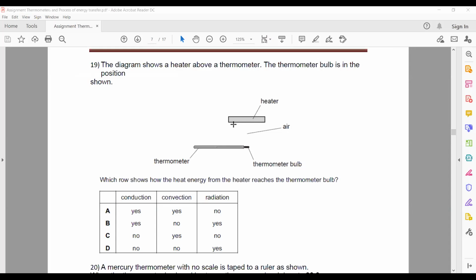So basically, yeah, D is right because they are not in contact, so conduction cannot happen. Convection, what happens when the air absorbs energy, it always rises up. The hot air rises up, so there is no convection. If the thermometer was at this position, then there would be convection. So we are left with only radiation.